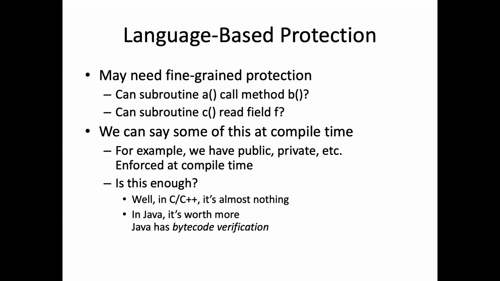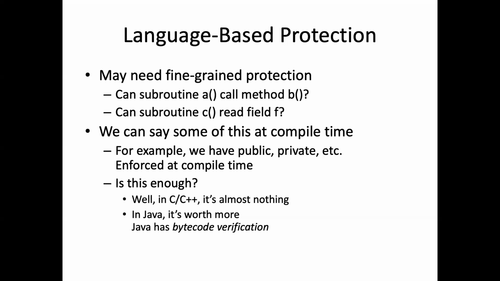Java has more secure mechanisms for that, because if you write a class in Java, even if you try to cheat, even if you tried to write your own Java bytecode to sneak around and look at the contents of a class, the JVM, the Java execution environment, does bytecode verification on whatever you're trying to run.